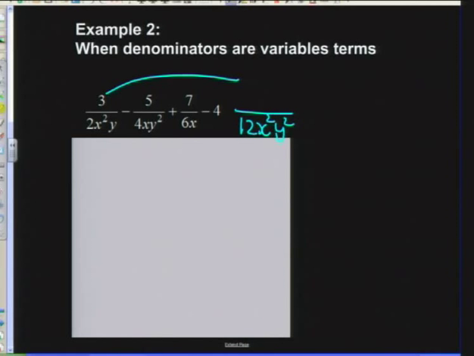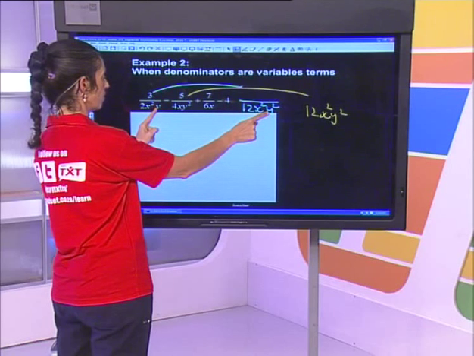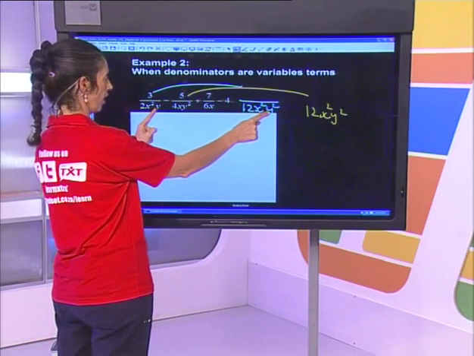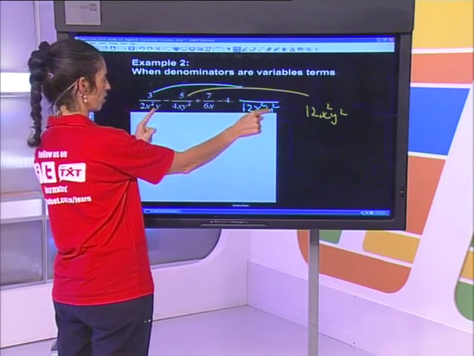I'm going to have this fraction with 12x squared y squared in the denominator. Okay, we'll get to the next two just now. This one's gone from 2 to 12. So what's it missing? It's missing a 6, and it's gone from x squared to x squared, so it's missing nothing there, and it's missing a y, because that denominator's got a y squared.